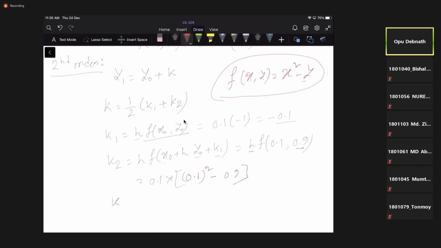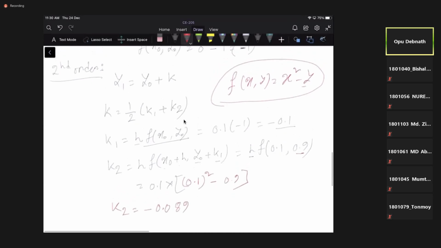After solving you will get k2 as minus 0.089. Now if you put k1 and k2, after putting this you will get minus 0.0945.